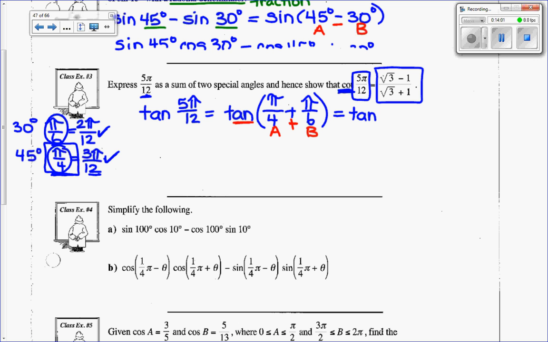So we've got tan A. See how, again, how important it'll be to have A and B labeled? So you've got tan of pi over 4 plus tan of pi over 6, all over 1 minus tan of pi over 4 times tan of pi over 6.